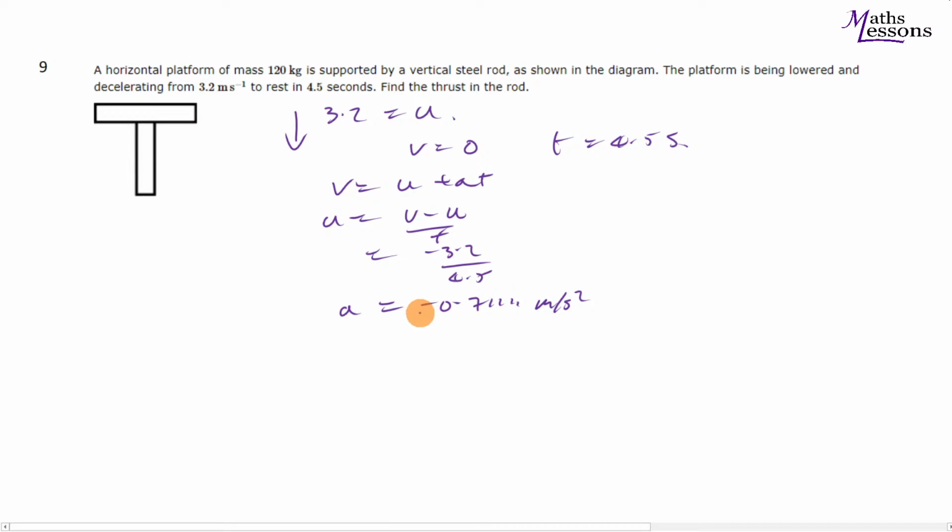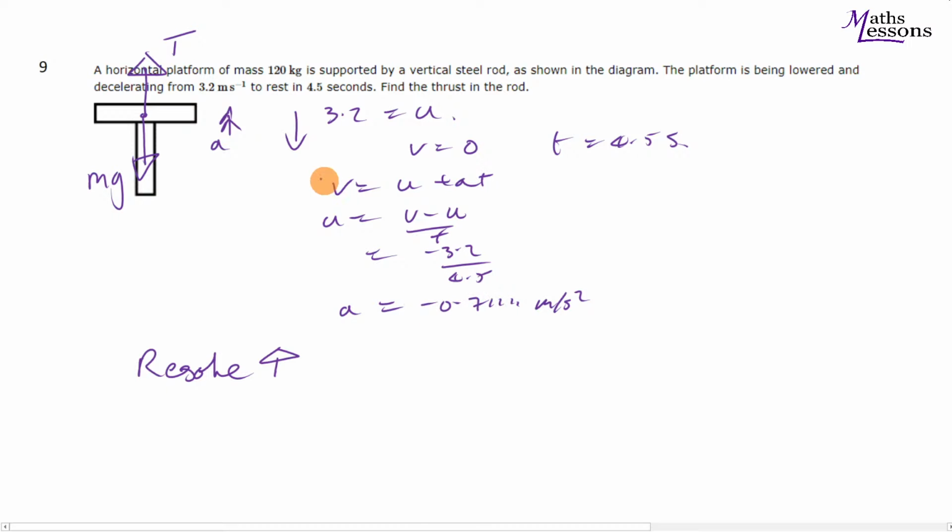Now, the velocity was positive that way, our acceleration is negative, so that means accelerating this way. And it's quite key to spot that the acceleration is going upwards here. So on this diagram, we've got the thrust going up and we've got the weight of the platform acting down if we resolve on the platform. So if we resolve vertically, we're going to have ma.